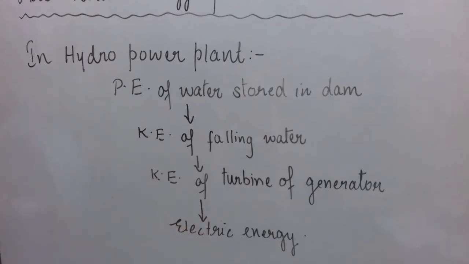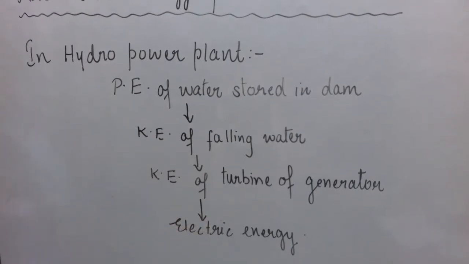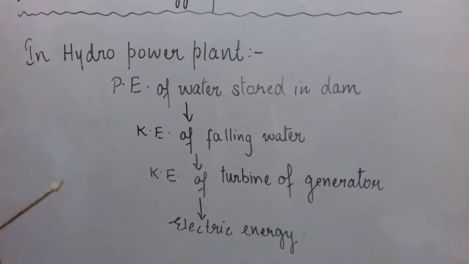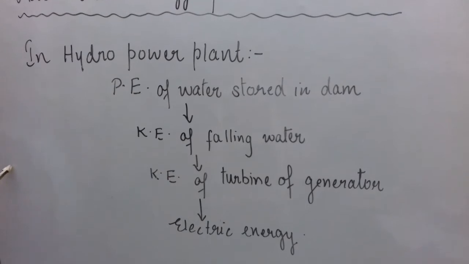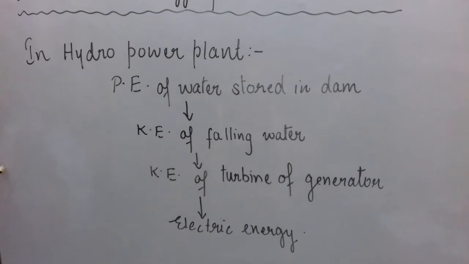Now the sun gives us a large amount of energy, free of cost, available every day. In the sun, nuclear fusion reaction takes place, and nuclear energy gets converted into a large amount of heat energy and light energy. You will study about nuclear fission and fusion reactions in your higher classes.